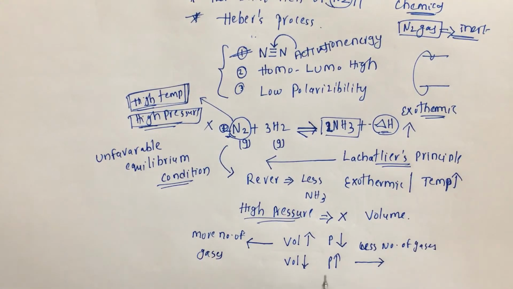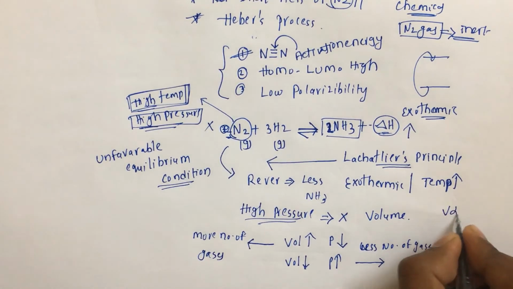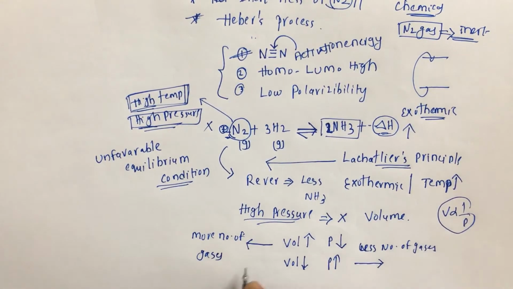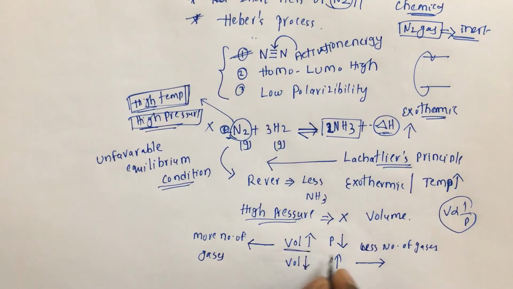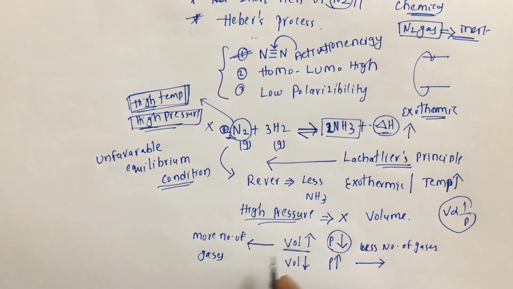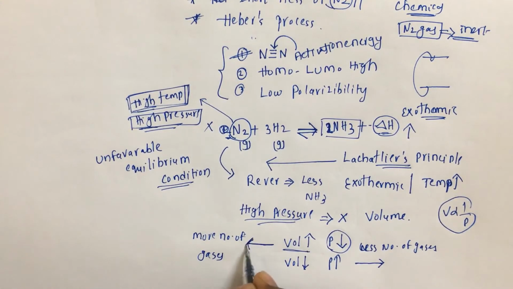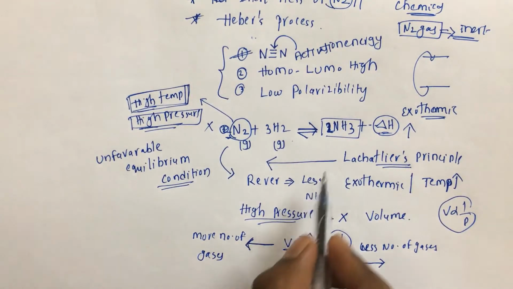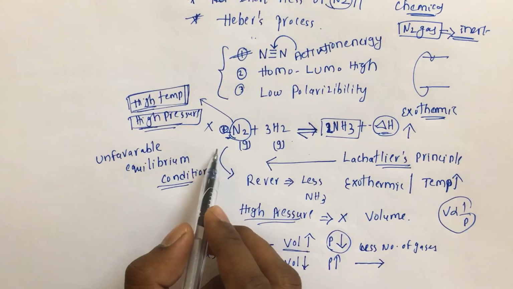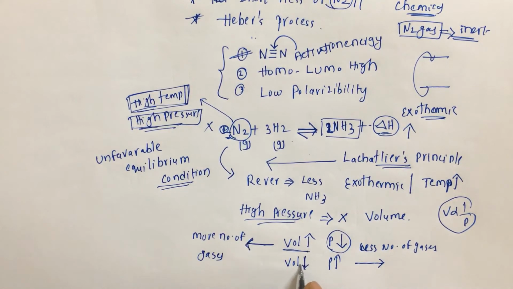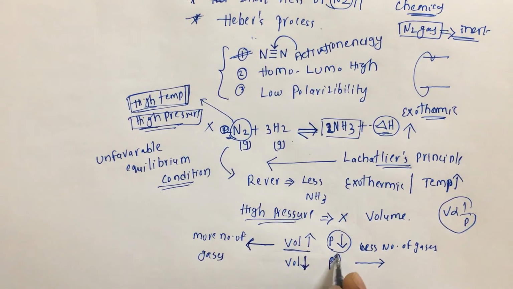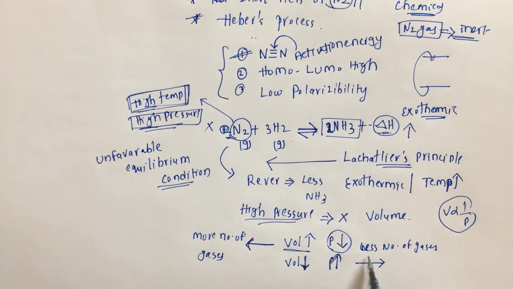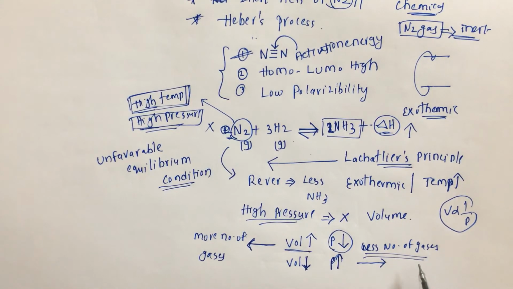You're understanding, right? We know that volume is inversely proportional to the pressure. So when we increase the volume, pressure is automatically decreasing. In that case, the equilibrium shifts towards where more number of gases are there. In this Haber's process, that is the left hand side. And when volume decreases, pressure increases. In that case, the equilibrium shifts towards where fewer gases are there.